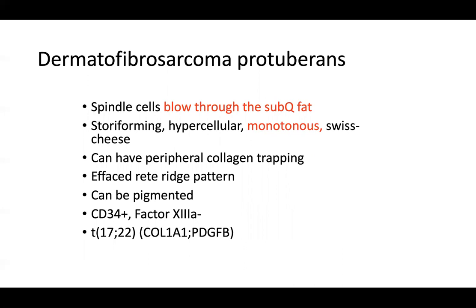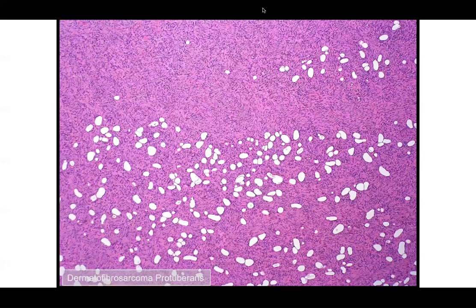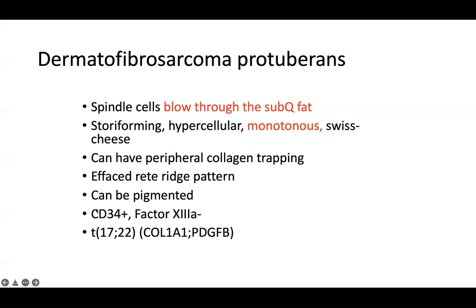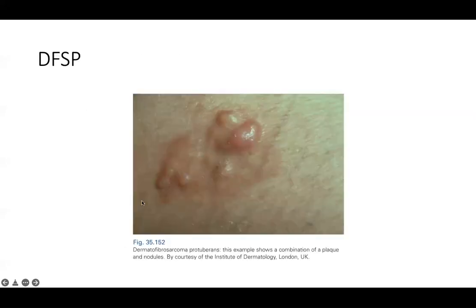So if you see the atrophic epidermis on top, you should be a little bit more worried about it if it's a superficial shave. And if you see a highly dense storiform pattern, there's no way you can say it's a normal DF. That's when you're going to have to work it up for CD34. When you stain it for CD34, it should be very diffusely positive in the lesional cells.